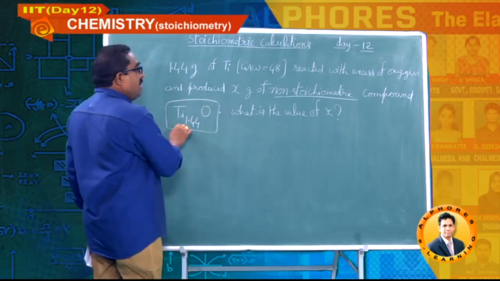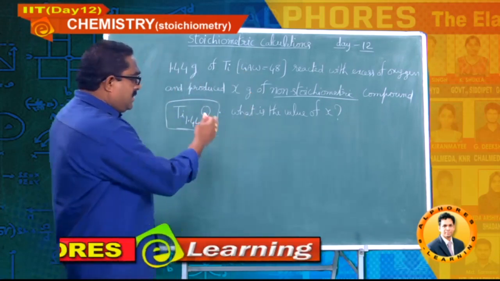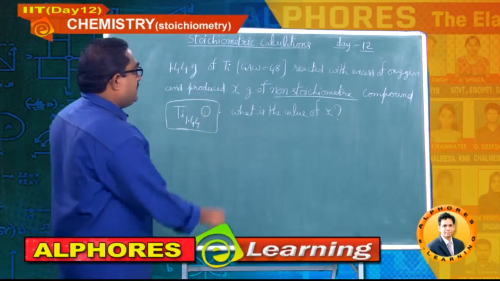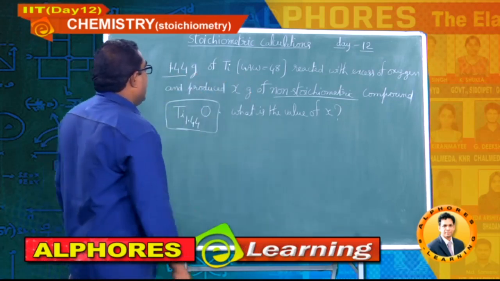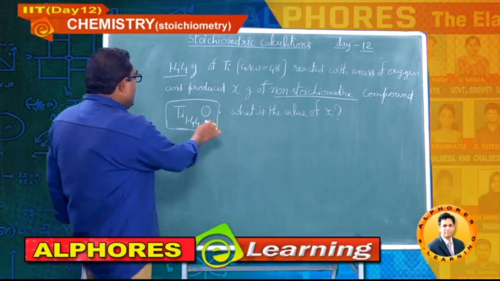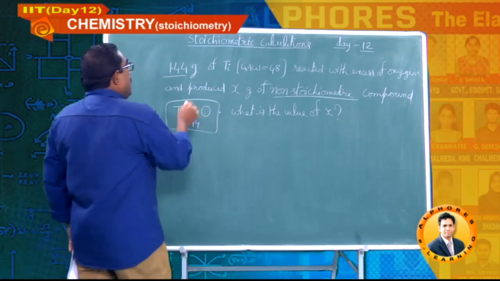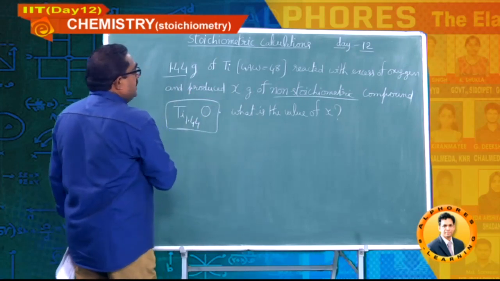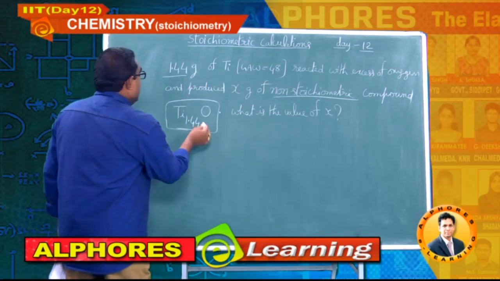Now this is the non-stoichiometric compound. You have to find out how much mass is given as X grams. So you should find out the value of X formed from 1.44 grams of titanium. According to this formula, what is the atomic mass of titanium? 48. Right.